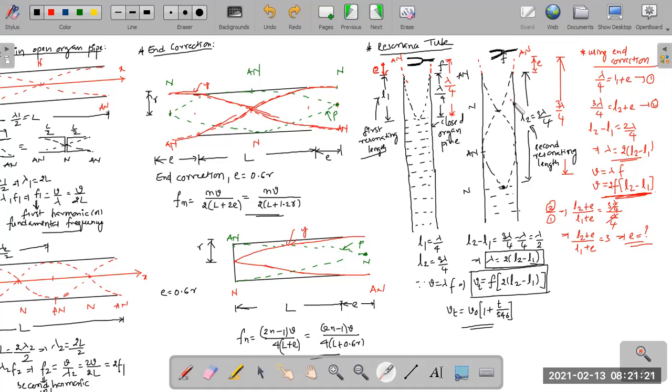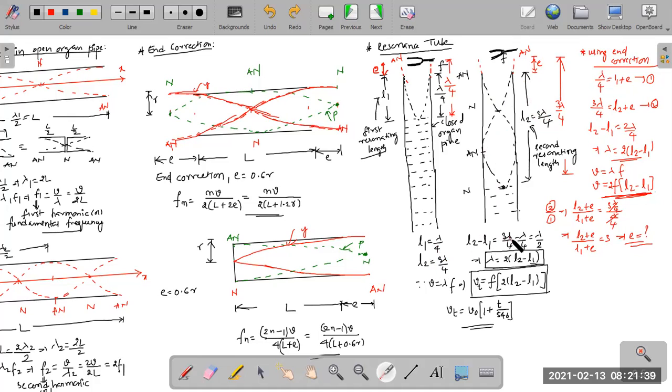You can clearly see lambda by 4 here, and this must be 3 lambda by 4: antinode to node, node to antinode, antinode to node. So L2 we got as 3 lambda by 4.